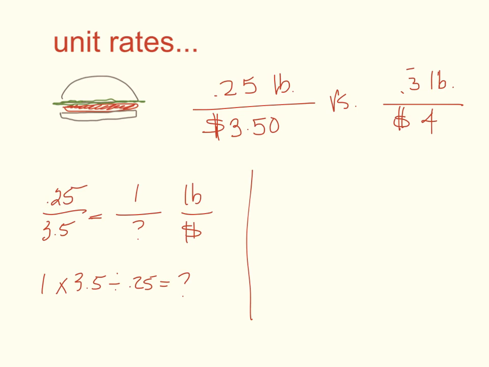We're going to do it the second time. And this time we're going to fill it in with a different set of numbers. You notice that the 1 remains the same because this is unit rate. We have to get them both down to a unit rate to compare them. And this is again pounds over money.